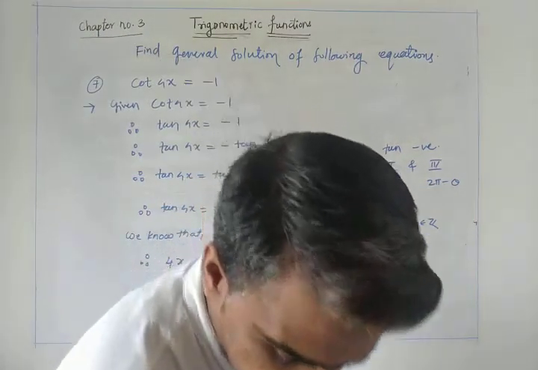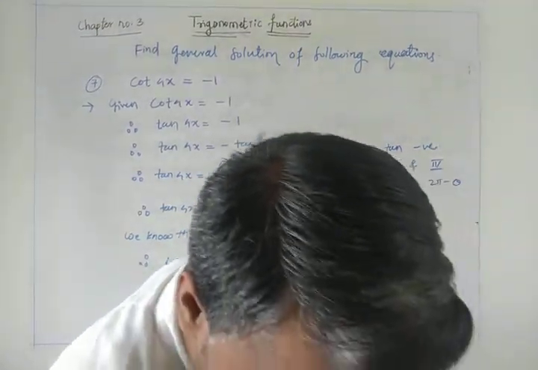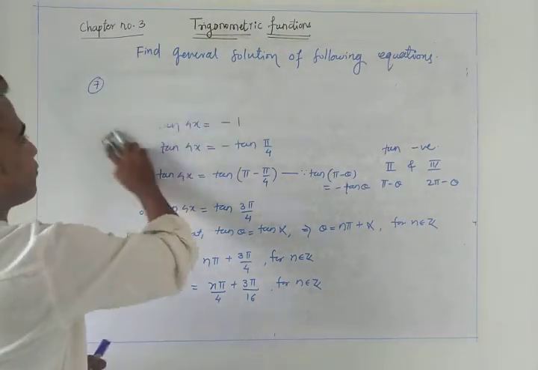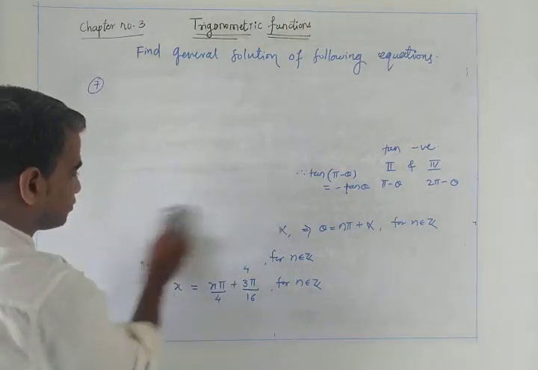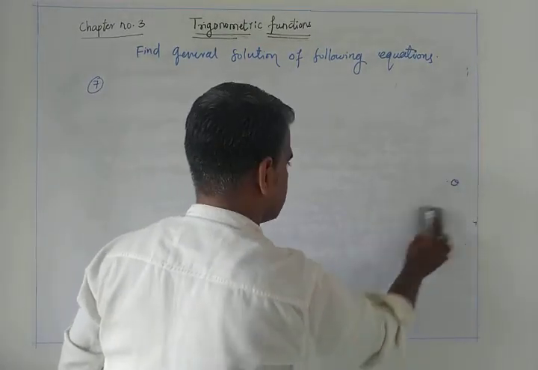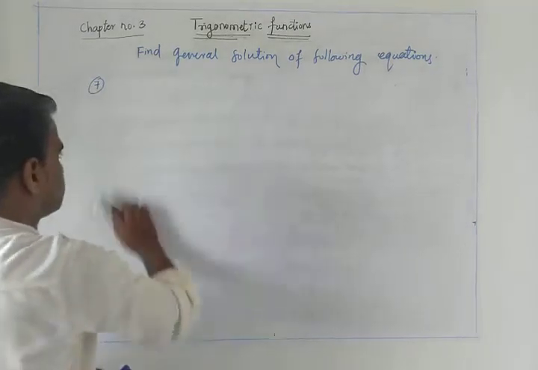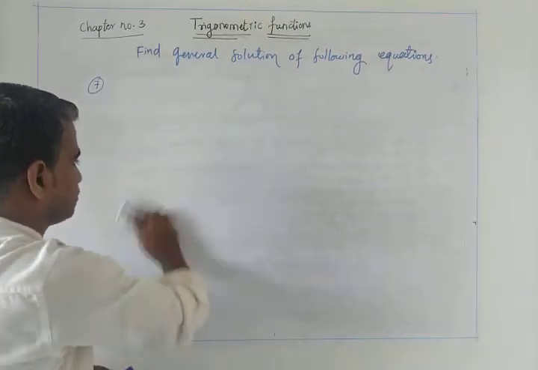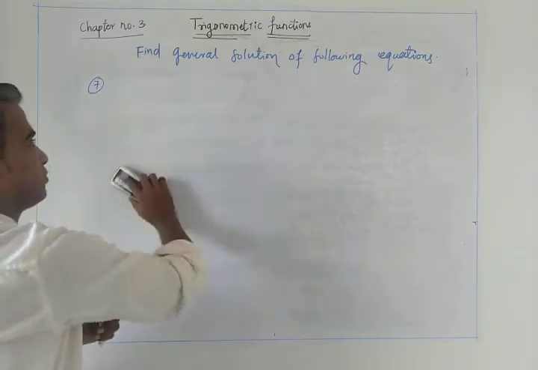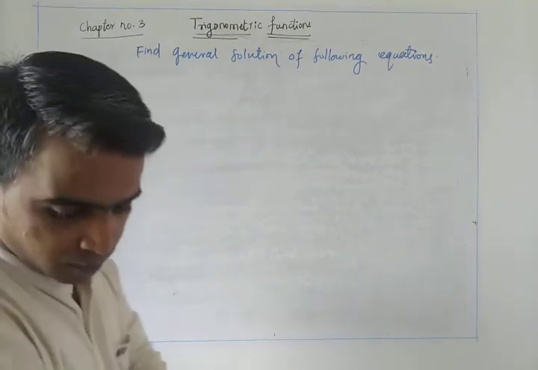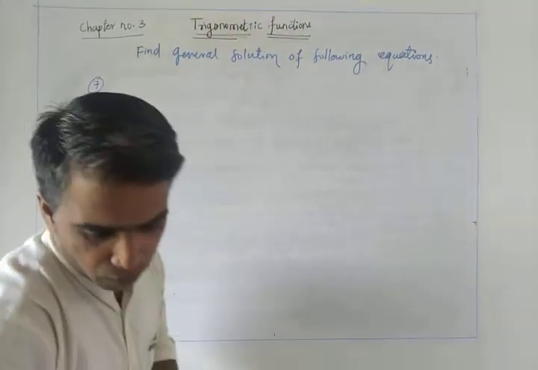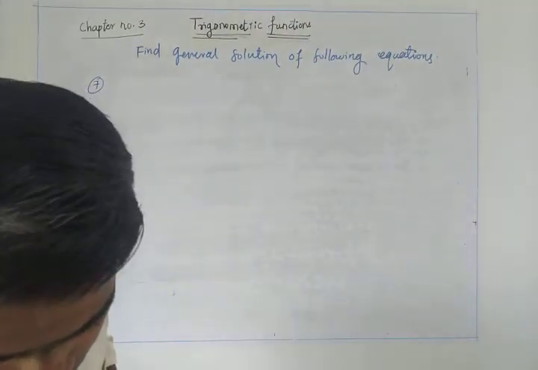So now we'll see the next type of questions with the square functions. Okay. Now the question is 4 cos square x is equal to 1.